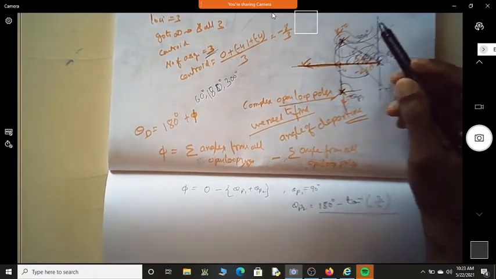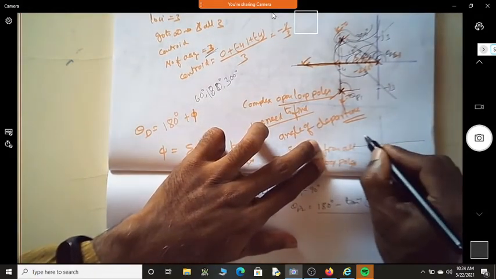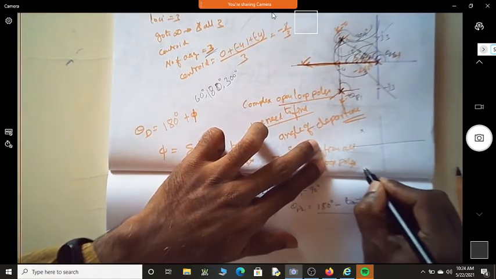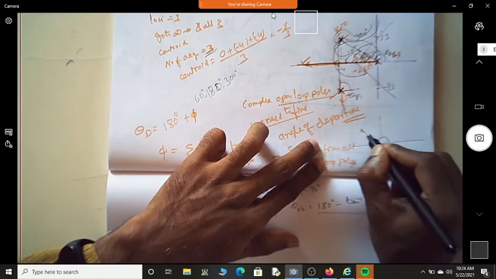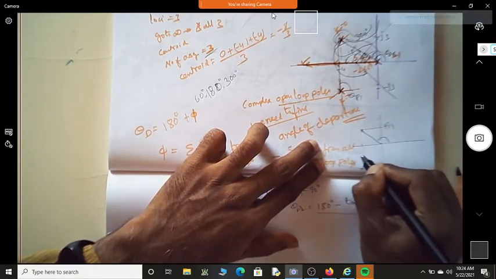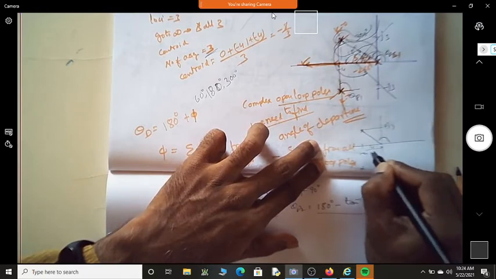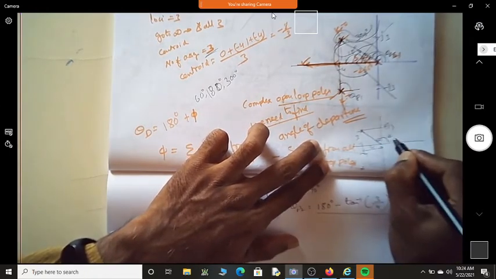Let me try to explain this. So we have something like this. We had a pole here. We have joined this point. I want to find this angle. I know that this is j3, this is minus 4. Is this actually 4 and this is 3 unit points? I want to find theta P2.